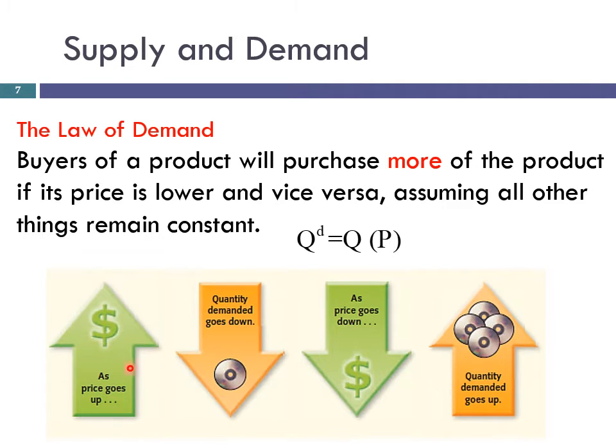As price goes up, the quantity demanded goes down, and as the price goes down, the quantity demanded goes up. So we can represent this demanded quantity as a function of the price. In this representation, we are not multiplying Q by P. Here it is the quantity demanded, and we want to say that it is a function of price. What kind of a function we will talk about, but it depends on the price.